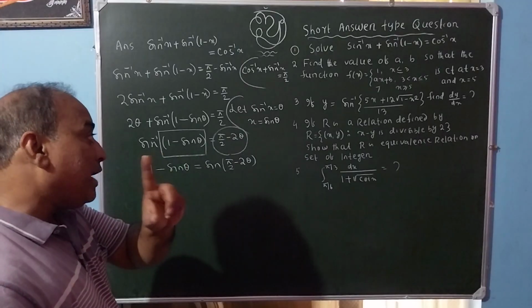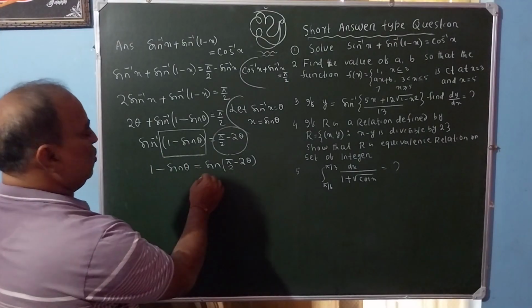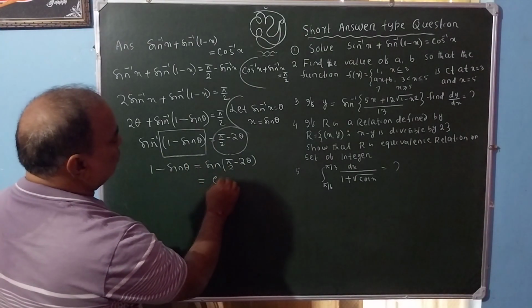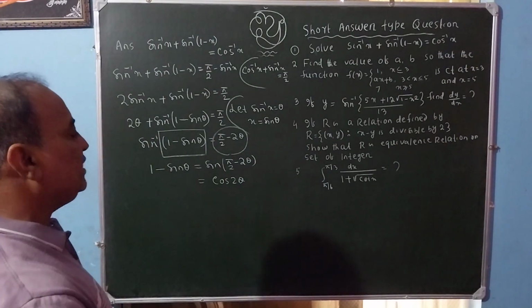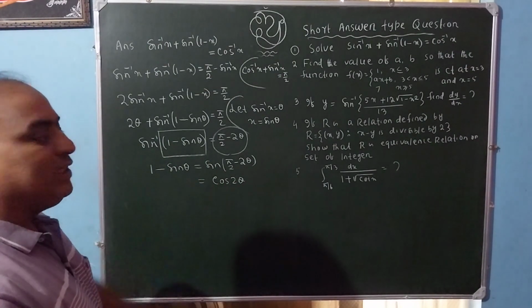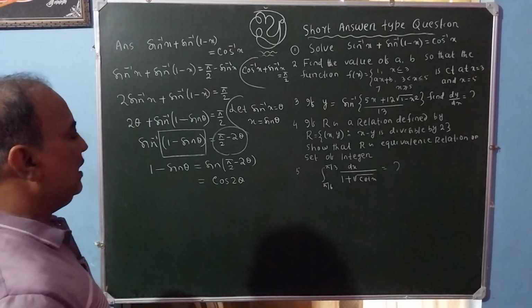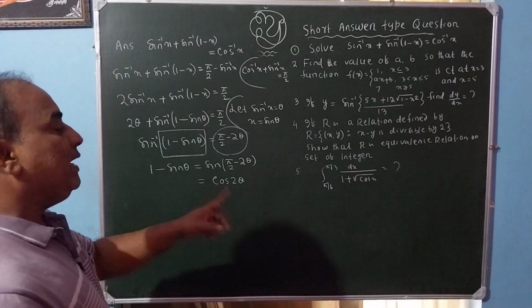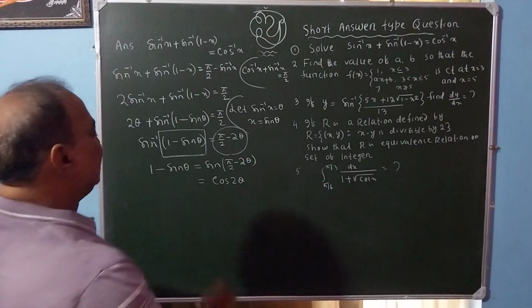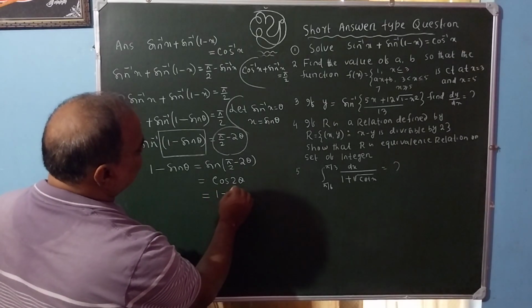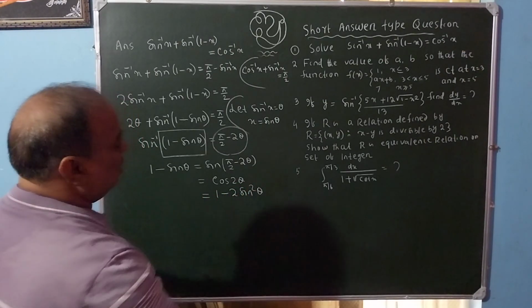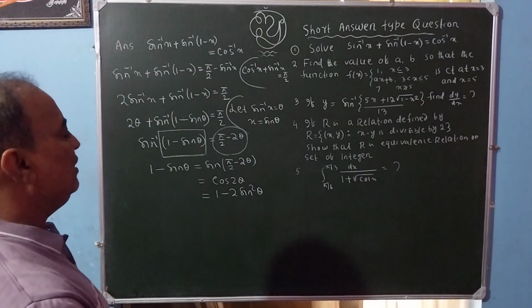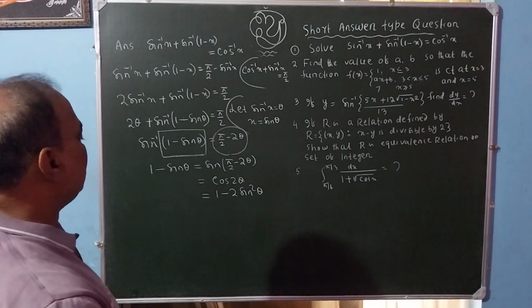Sin of (pi by 2 minus 2 theta) is cos 2 theta. There is one formula, cos 2 theta in terms of sin: cos 2 theta is equal to 1 minus 2 sin square theta. This is the formula.